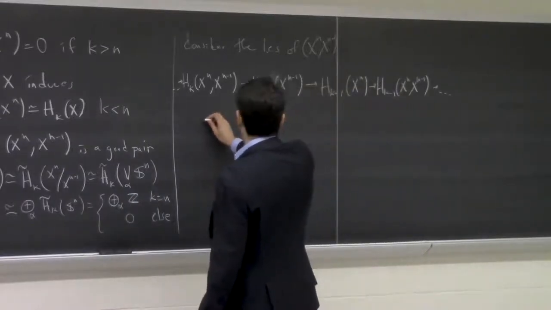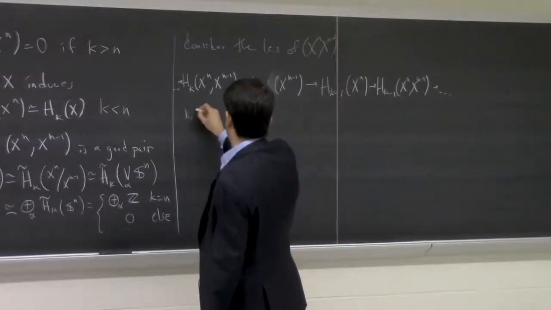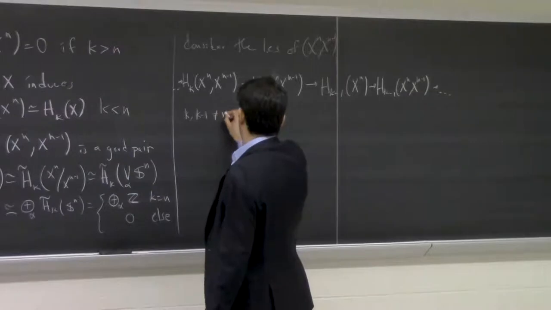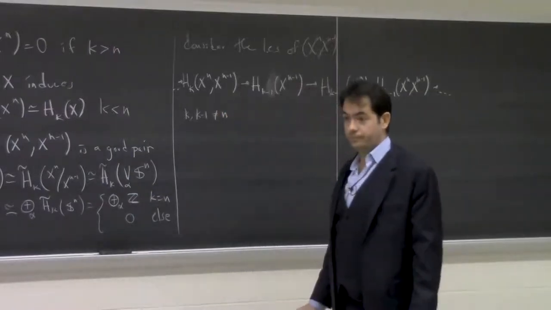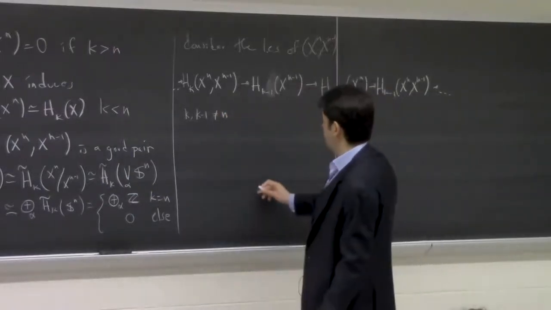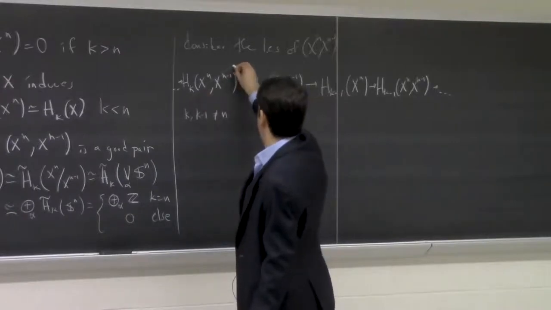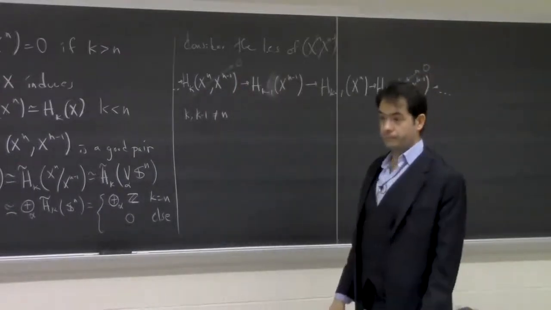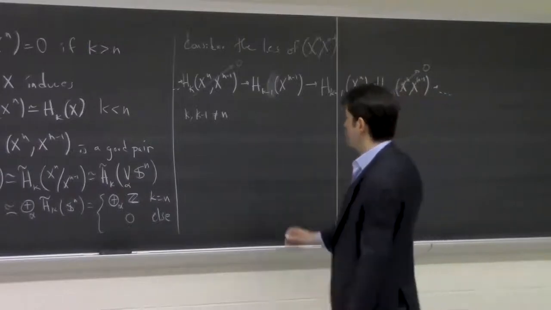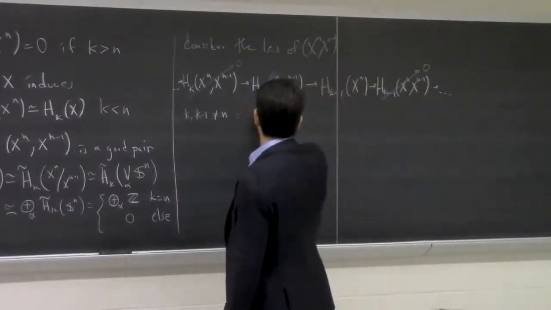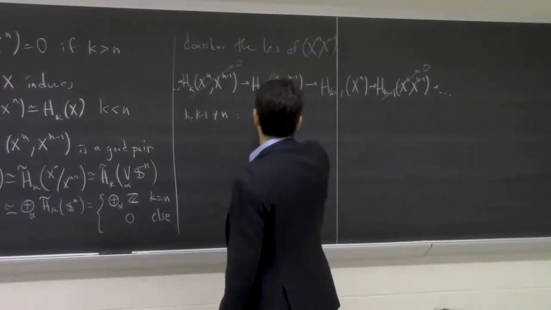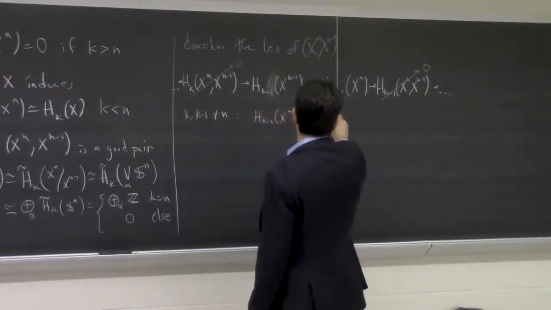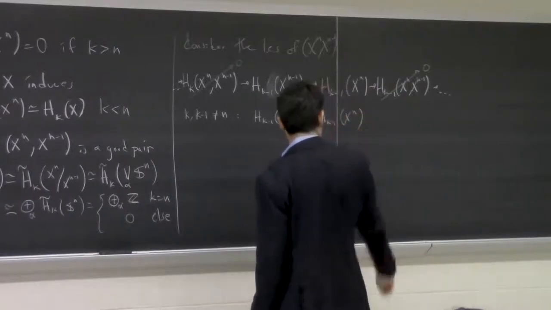Okay, so if k and k minus 1 are different from n, then this is 0 and this is 0. So we get that H_{k-1} of X_{n-1} is the same as H_{k-1} of X_n.